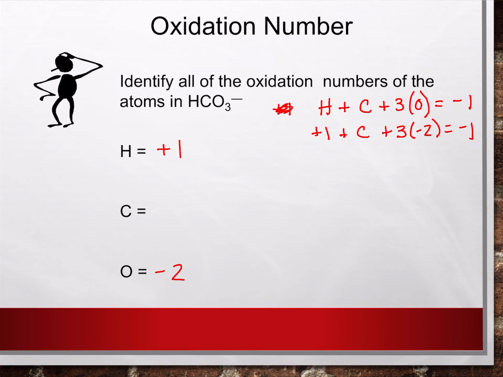So we've got +1 and essentially -6, so that's going to be -5. So carbon -5 equals -1. So if we add 5 to both sides, we get that carbon is +4. So that's how you would go about solving for elements if you don't know what their oxidation numbers are.